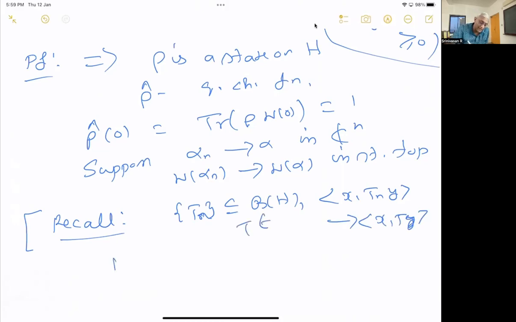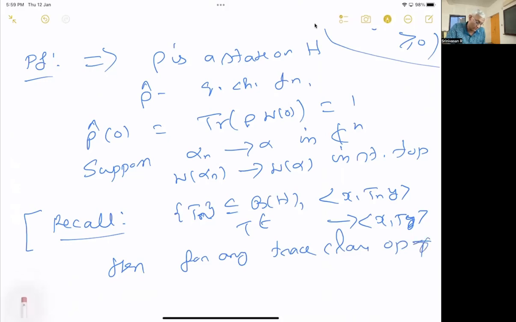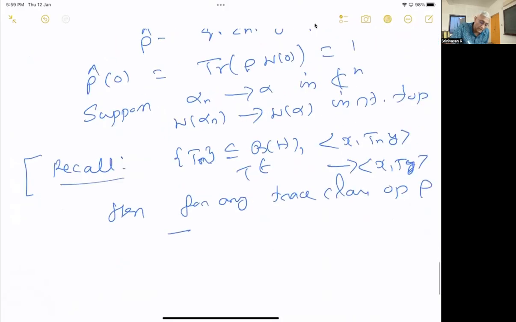Then for any trace class operator rho, trace of rho Tn converges to trace of rho T. I gave it in the graduate analysis course because it uses the measure theory part.